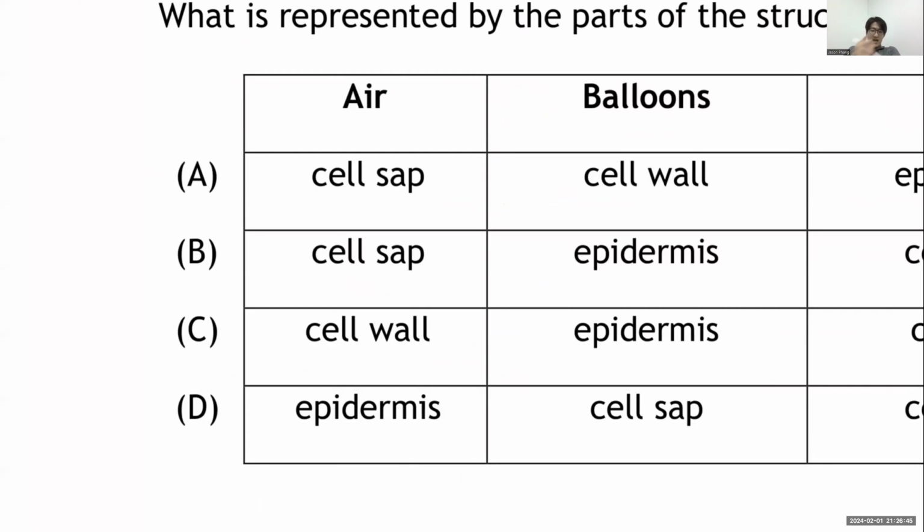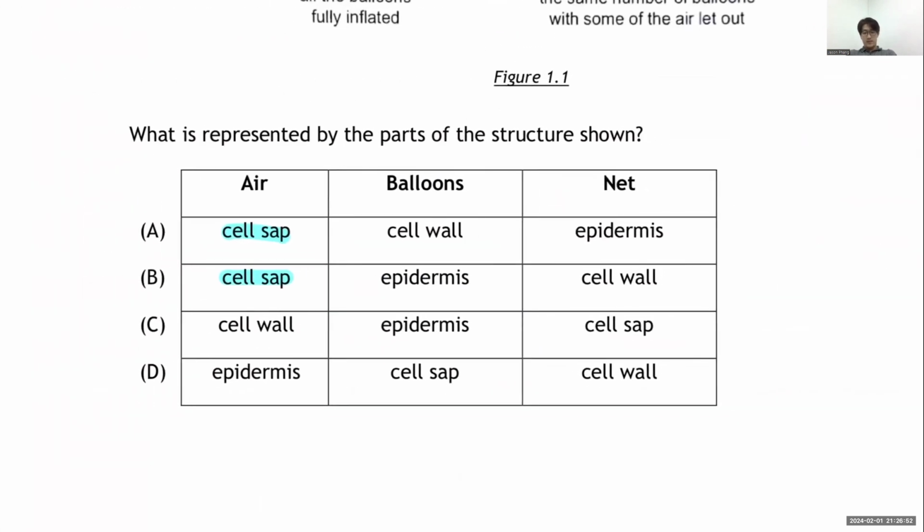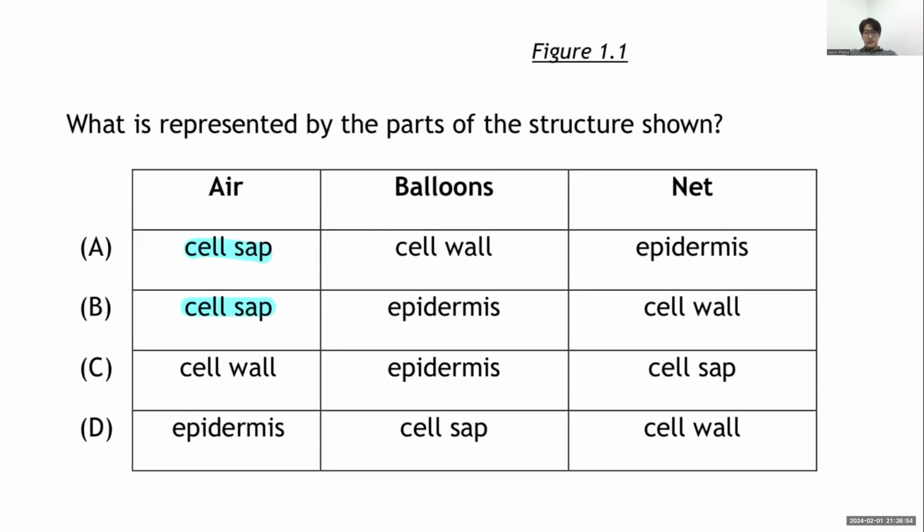Cell sap. Excellent. Because cell sap, you can think of it as your cytoplasm, contains a lot of water. So the balloon... What is epidermis? If you look at all the diagrams in my notes or even your school stuff, you should see that the word epidermis means outermost.